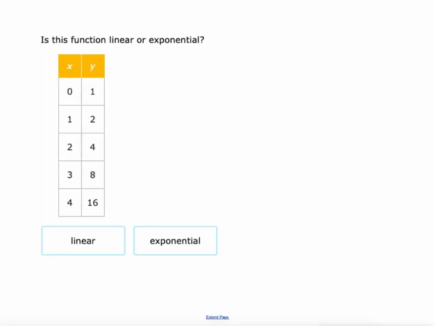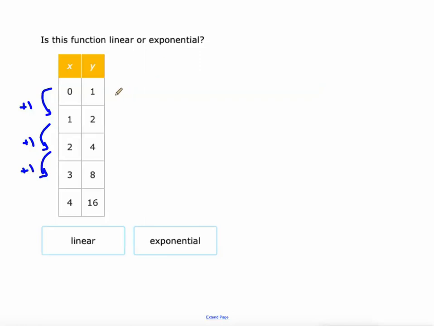All right, on this one, same thing here. X is going up 1 every time. But what's happening to the y? This is an increase of 1, and this is an increase of 2. That right there tells you it cannot be linear. But really that's not the pattern that we're looking for.